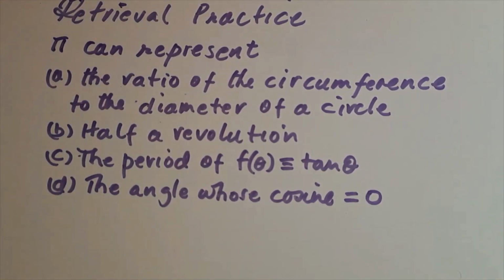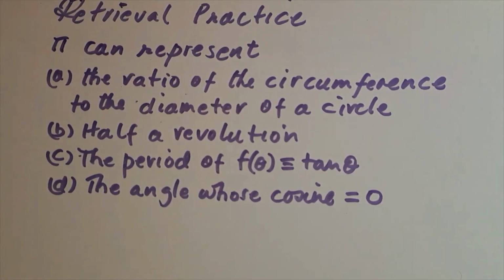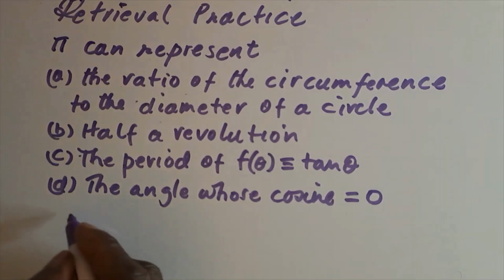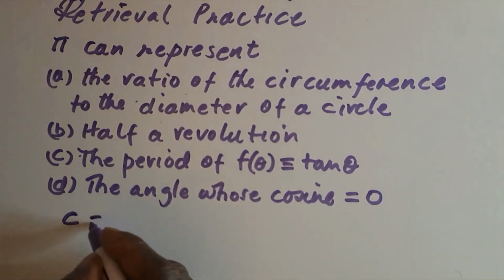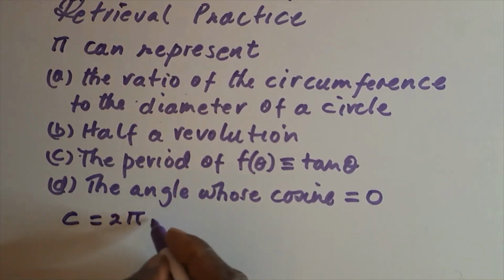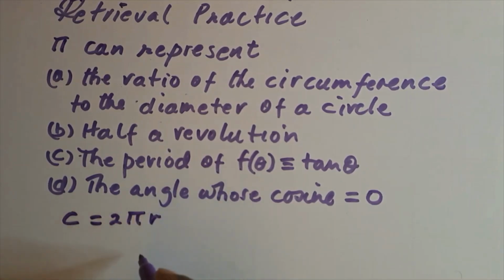Let's look at the first option, the ratio of the circumference to the diameter of a circle. We do know the circumference C is equal to 2 pi r, which is equal to pi d. So if we have the ratio of C to d, we have pi.